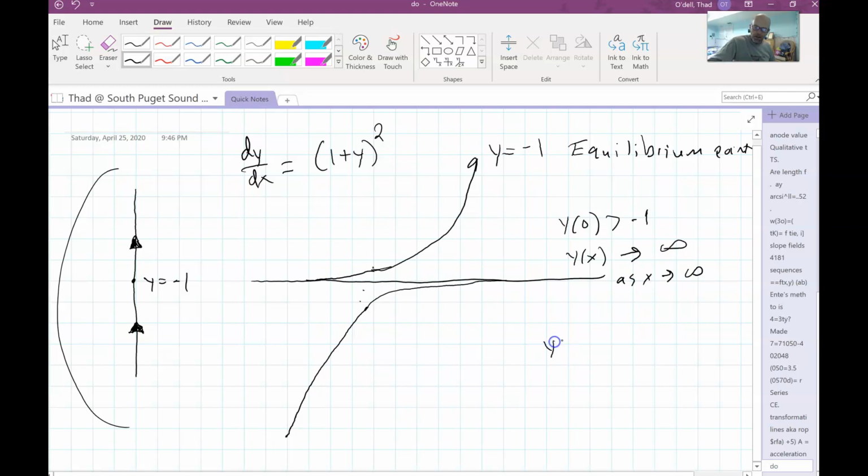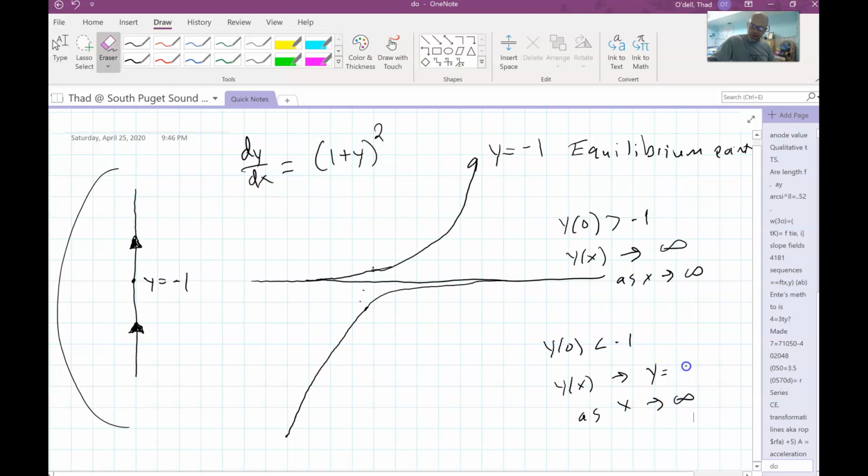And if y of 0 is less than -1, then y of t approaches the equilibrium solution, or approaches the horizontal line at y equals -1, as I used t again, sorry folks, as x approaches infinity.